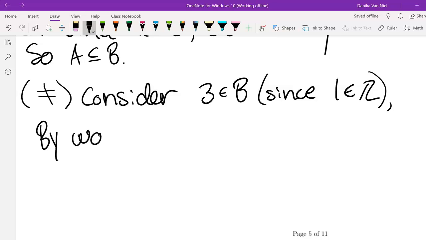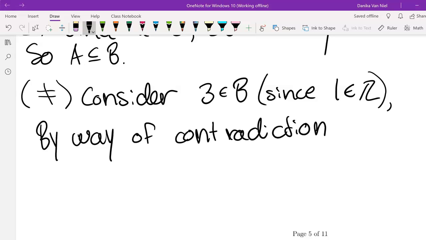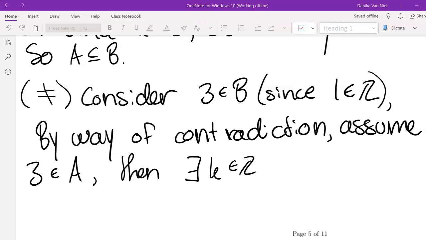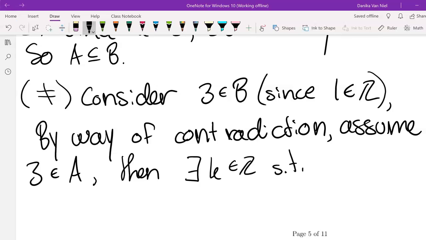By way of contradiction, assume 3 is in A. Then there exists an integer k such that 27 to the k equals 3.